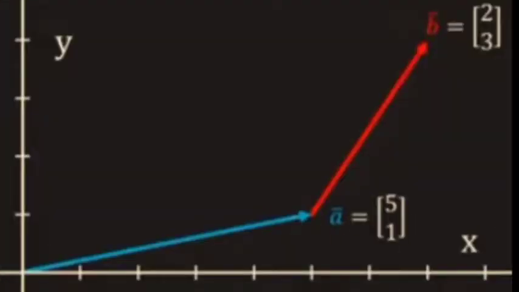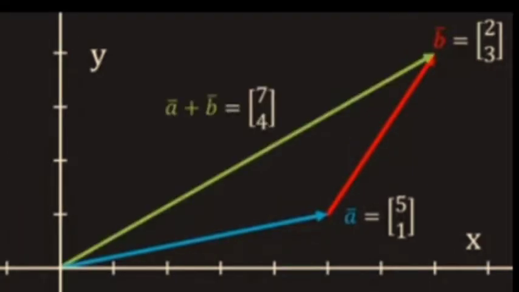So you can see in the illustration, vector B is at the head of vector A. And then, from the tail of the original vector, vector A, up to the head of the addend, which is vector B, the sum is (7, 4).